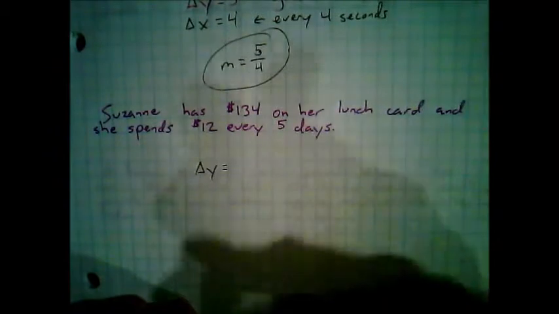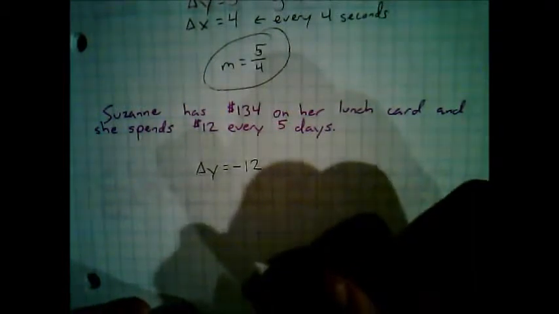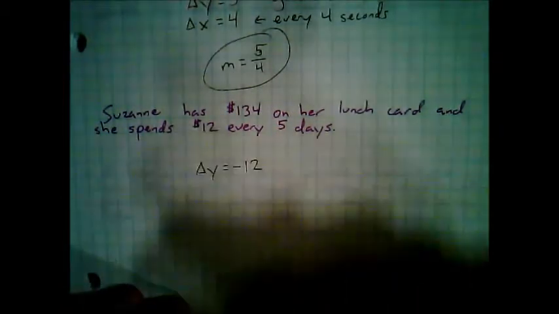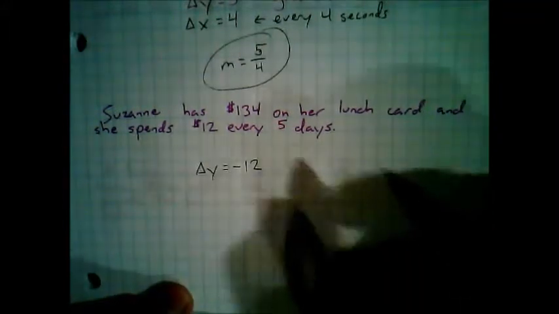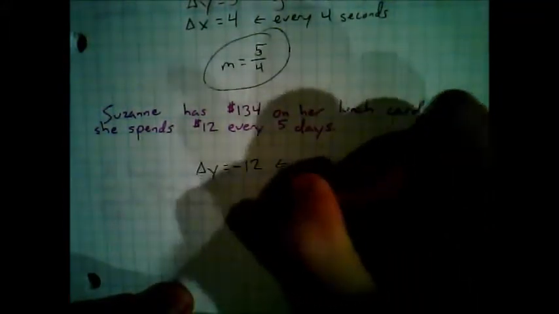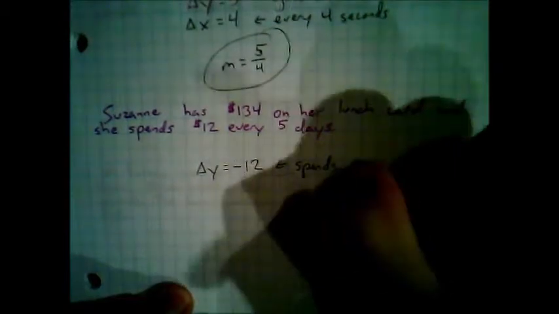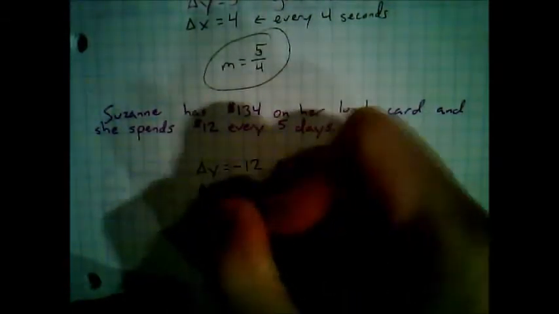So she's spending $12. Now, since she's spending money, she's losing money. So that delta y has to be negative. This situation is decreasing. Okay, her lunch money is decreasing, so our delta y is negative. She spends $12. And our delta x is how frequently does she spend those $12?